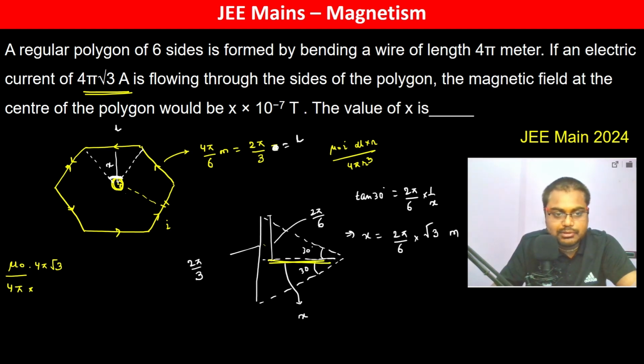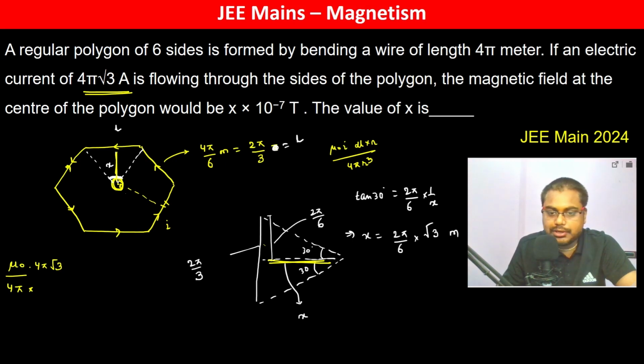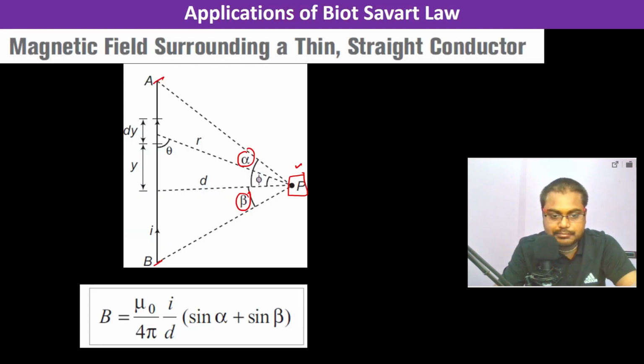This x is going to be the d. Okay, as we can see here, this is the d. So d, x, is 2 pi into root 3 into 6, into sine alpha plus sine beta.